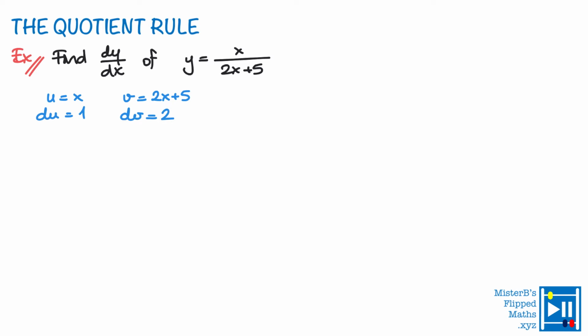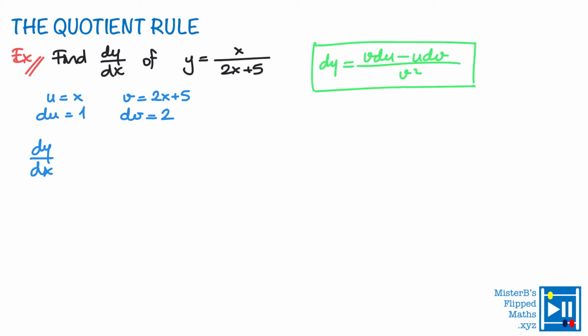Now, let's quickly write the derivative of y. So dy over dx, and if you remember the rule, which is v du minus u dv over v squared. So let's substitute here. v is 2x plus 5 times du, which is 1, minus u, which is x, times dv, which is 2, over v squared, so it's 2x plus 5 squared.